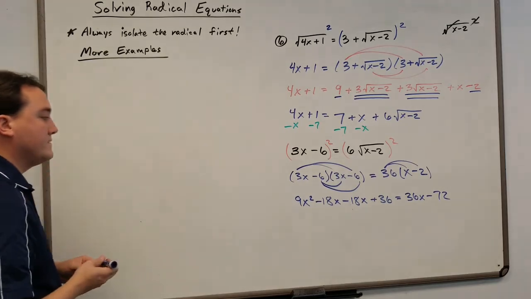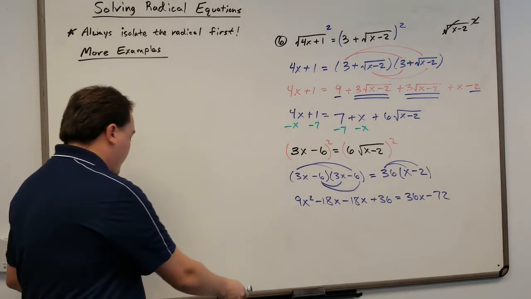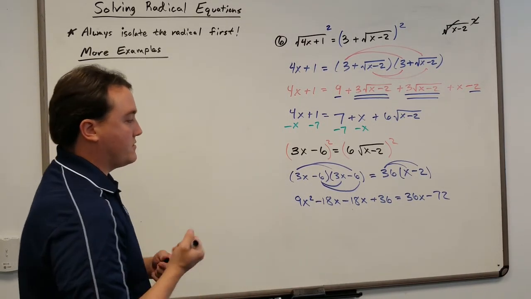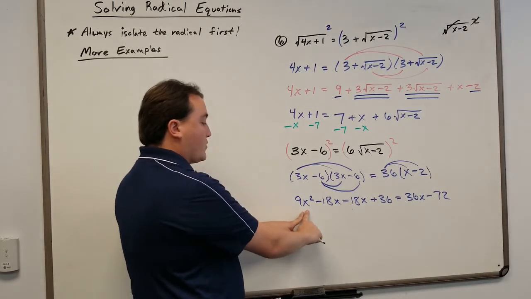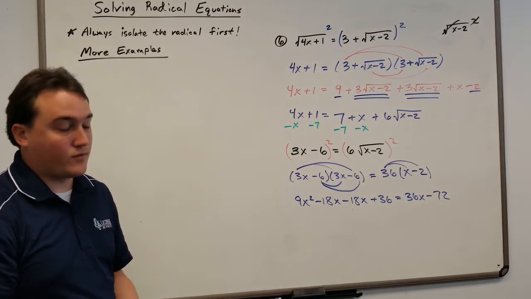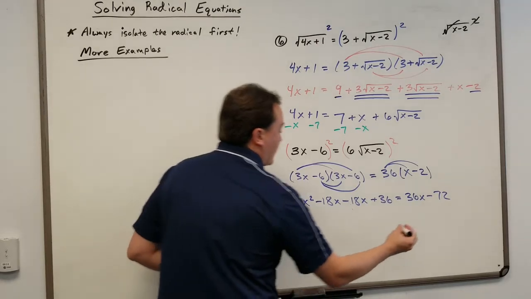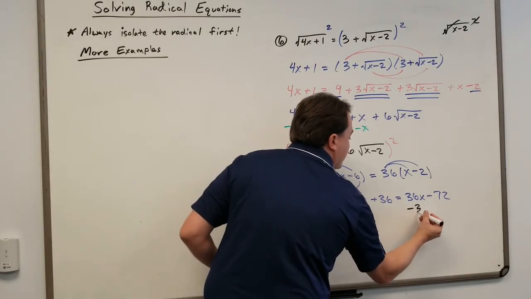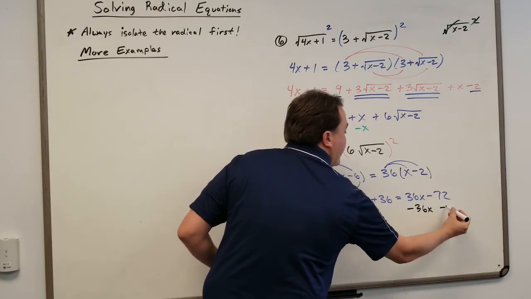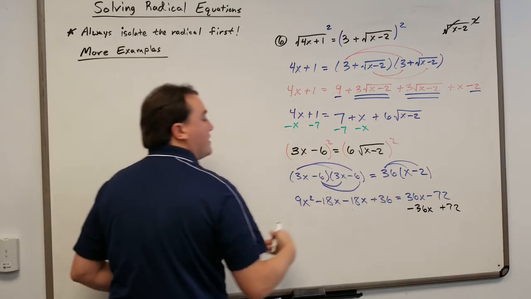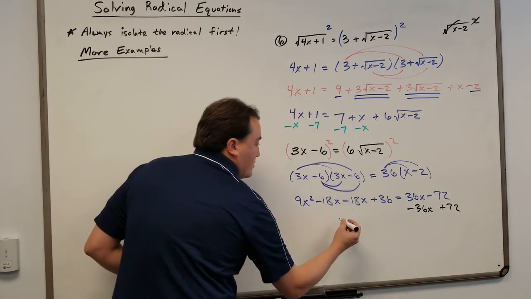Okay? Now what we want is we want to get everything to one side so we can factor this. Because in the end, if you have an x squared, you're going to either factor or use the quadratic formula. We don't have the quadratic formula yet. So we're going to minus 36x and add 72 over to this side and hope it's factorable.